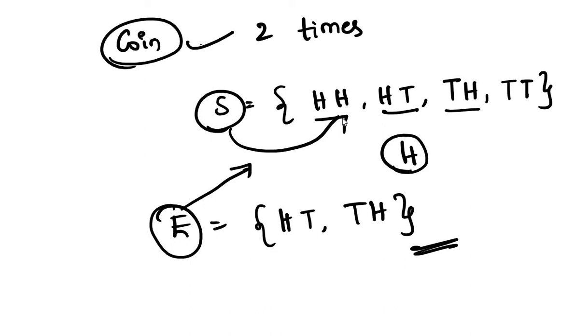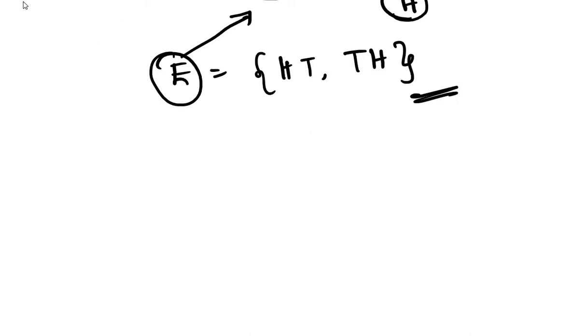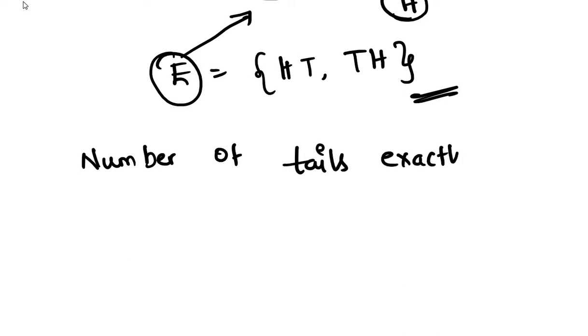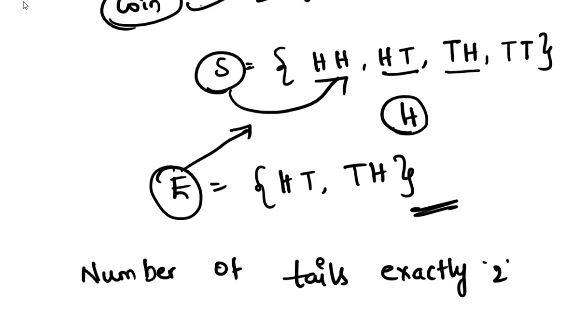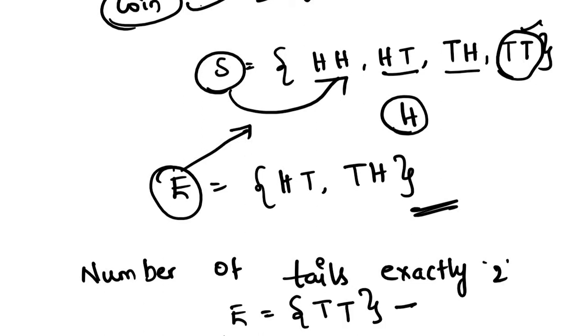Similarly, we find the following: the number of tails exactly 2. This is one event. From this we can say that TT is the only ordered pair which has 2 tails, so this event has only TT.